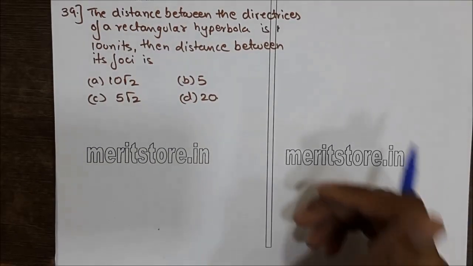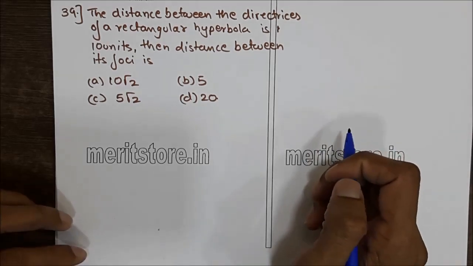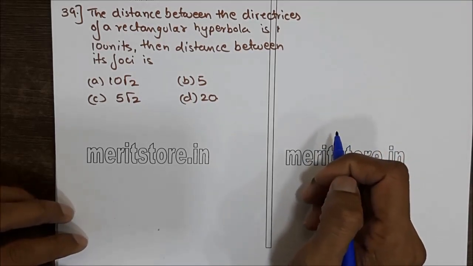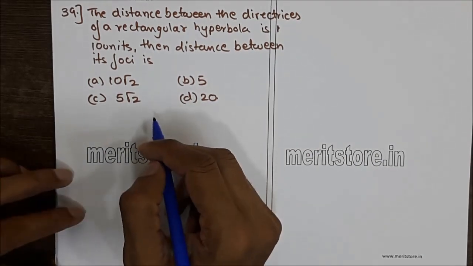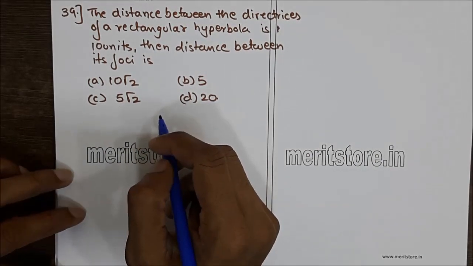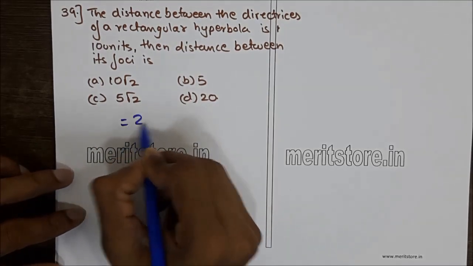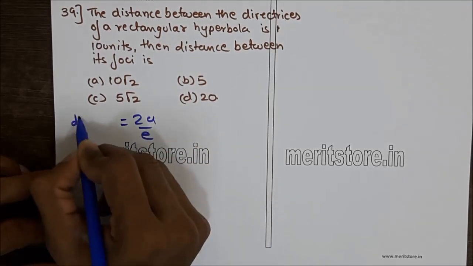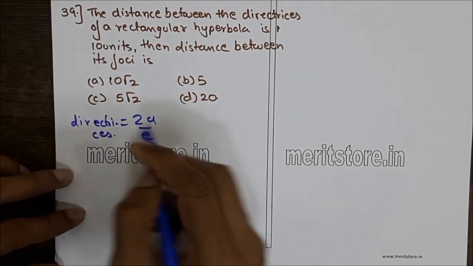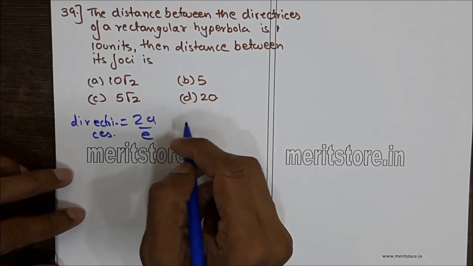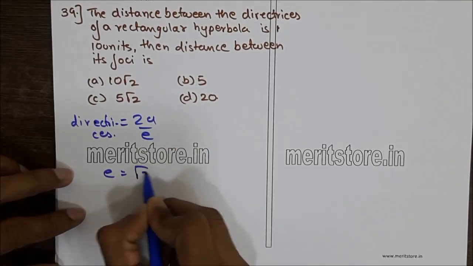Question 39. The distance between the directrices of a rectangular hyperbola is 10 units. Then the distance between its foci is? Four options: A 10 root 2, B 5, C 5 root 2 and D 20. The distance between directrices is given as 2a upon e, and the eccentricity of a rectangular hyperbola is root 2.